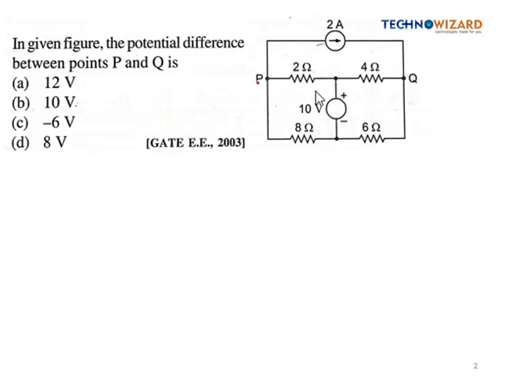Suppose the voltage at the point P is V1 and the voltage at the point Q is V2, right? So we have to find out the potential difference between the two points. So let us first see this voltage source, right?